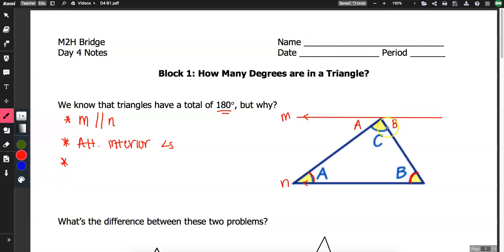And then if I look at those 3 angles together, A, B, and C, that forms a straight angle, which I know is 180 degrees, thus showing why A, B, and C also equal 180 degrees within the triangle. This is just one kind of informal proof. There's a lot of other ones. You can Google it if you're interested, but this is one reason why we know that the 3 angles in a triangle will always equal 180 degrees.